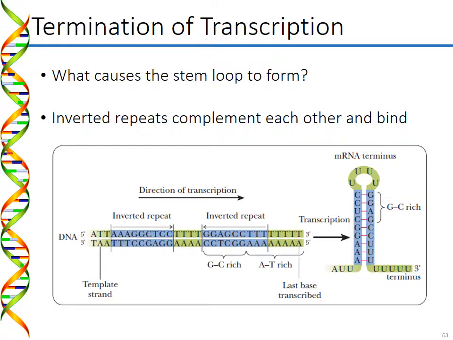So you can see here in the left part of the diagram the two regions referred to as inverted repeats. As the name would imply, they are repeat regions, so the sequence between them is the same, but they are inverted relative to each other.